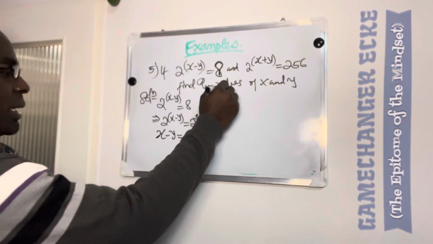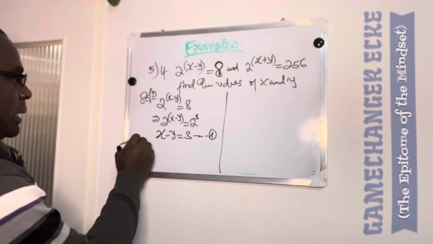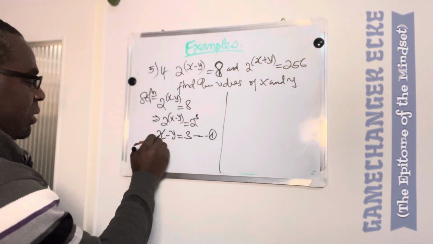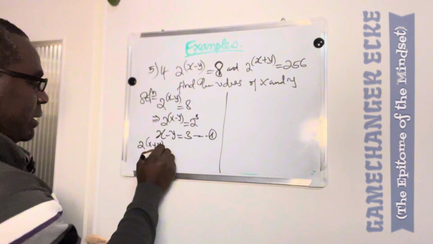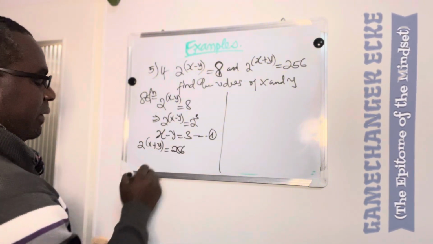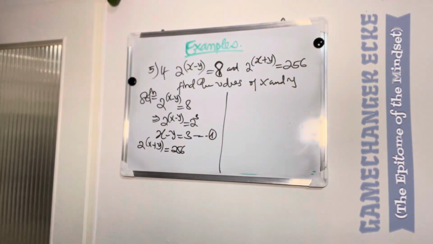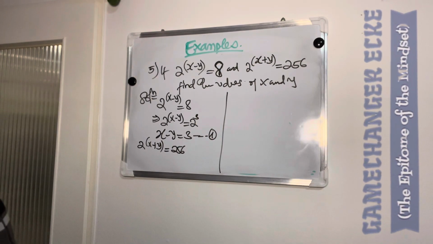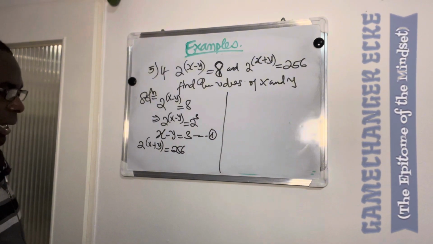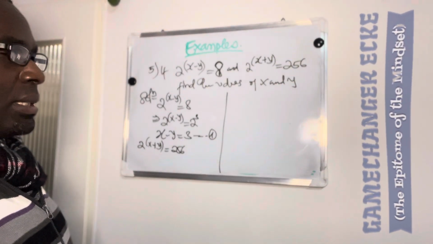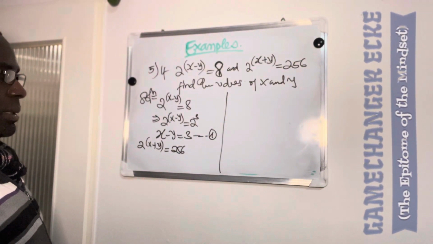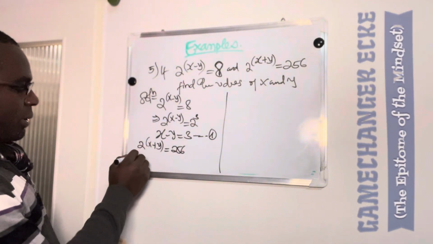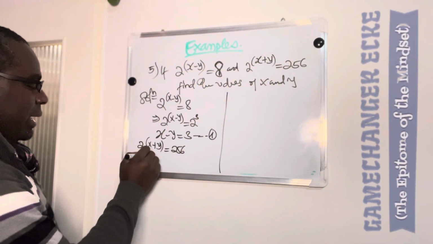Then we move to the next one. 2 to the power x plus y is equal to 256. And 256 is the same as 16 times 16.